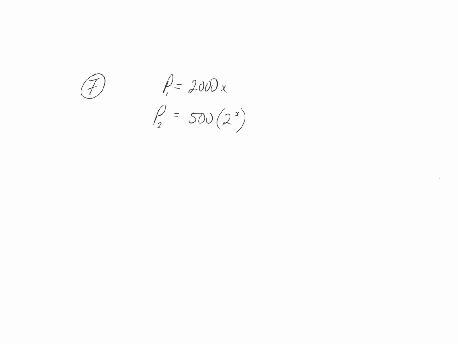And the question says, a website administrator is considering using one of the two models above to predict the total number of purchases P made x weeks after the website's advertising campaign begins. How many more purchases are predicted by the exponential model than by the linear model? Well, this one here is the linear model, and this one here is the exponential model.